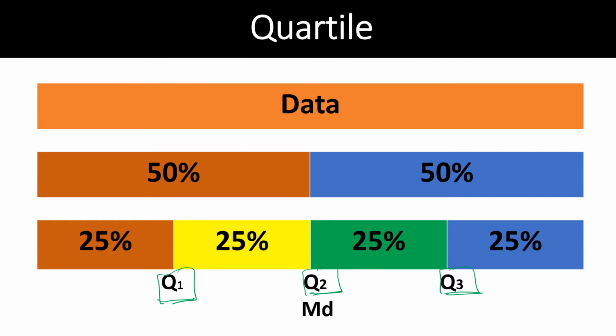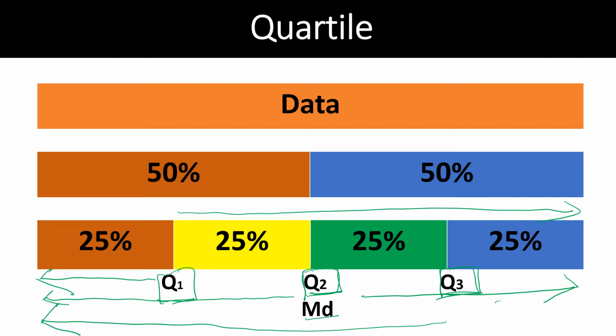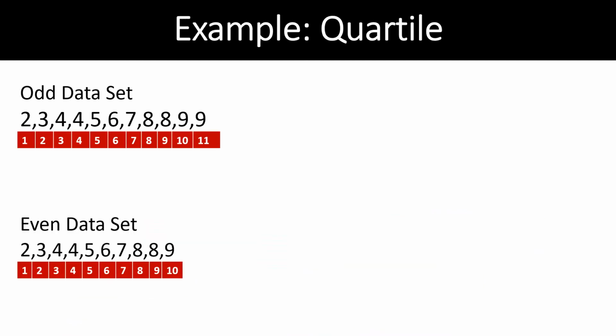In case of Q1, 25% of data lie below the point and 75% of data lie above this point. Q2 is same as median. 50% of the data lie below this and 50% of the data lie above this. In case of Q3, which is upper quartile, 75% of the data lie below Q3 and 25% of the data lie above Q3.